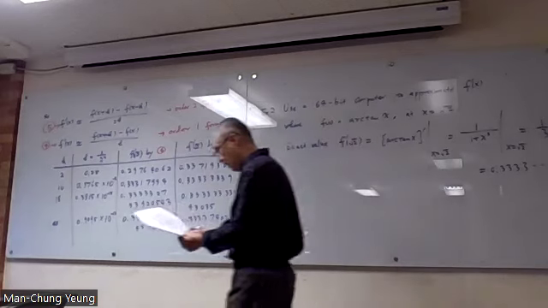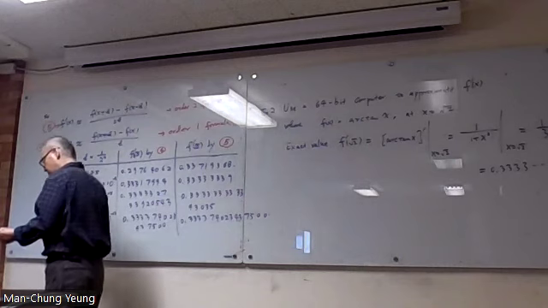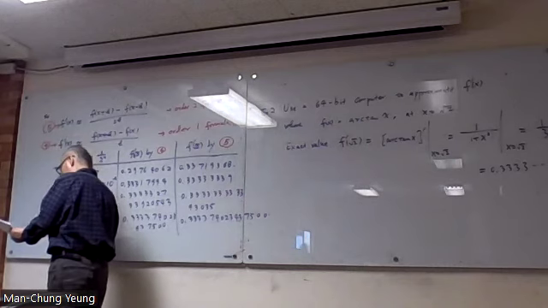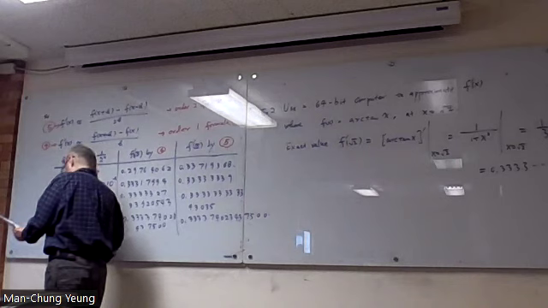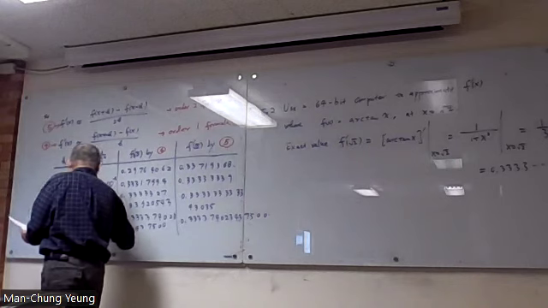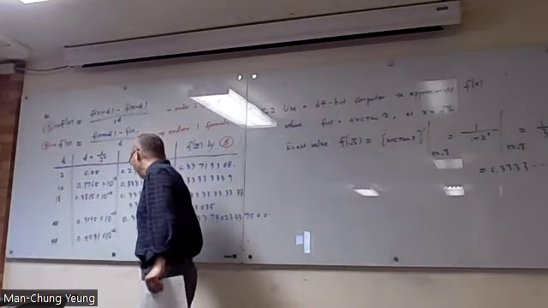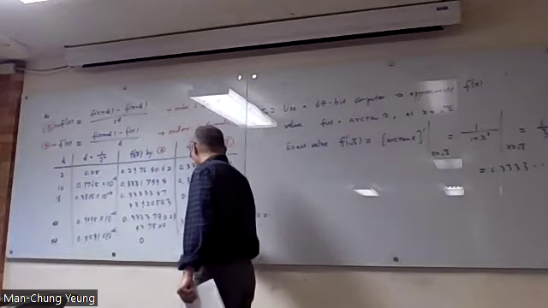How about 10 to the negative 16? Now, order 1 formula gives you 0 and 0.